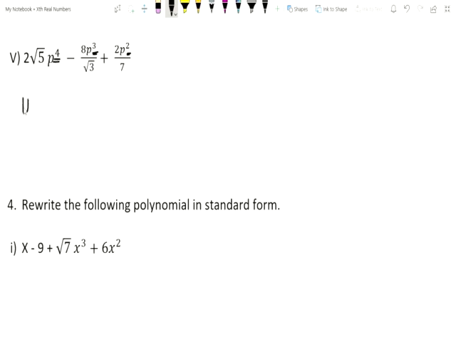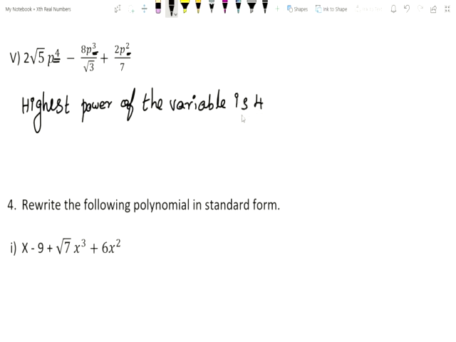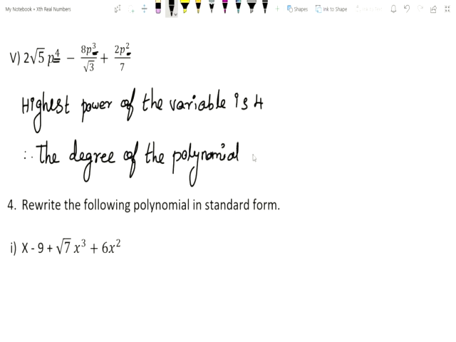So the highest power of the variable is 4. Therefore, the degree of the polynomial is 4. You understand, children?